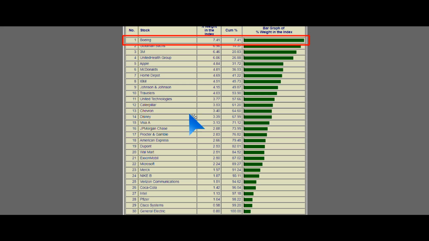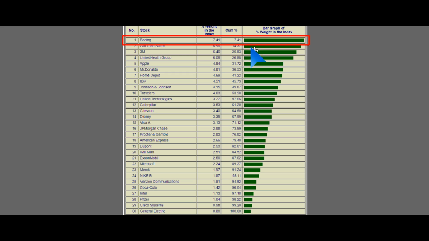When it's listed in the S&P 500, it's the 41st largest U.S. stock. And so Boeing's impact on the S&P 500 is about 0.6%, whereas Boeing's weighting within the Dow Jones is 7.4%. So for the past week and a half, the S&P 500 has kind of moved sideways to down, while the Dow Jones has moved up, and it's really because of one stock.